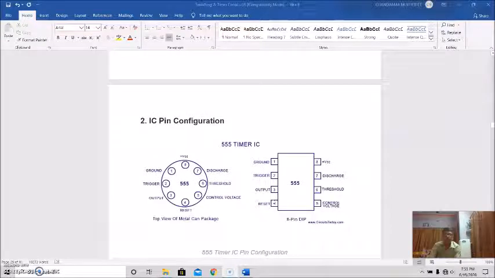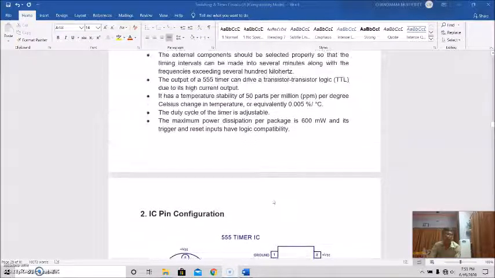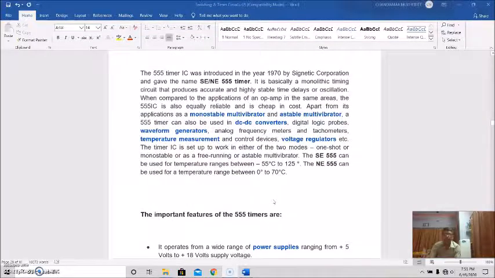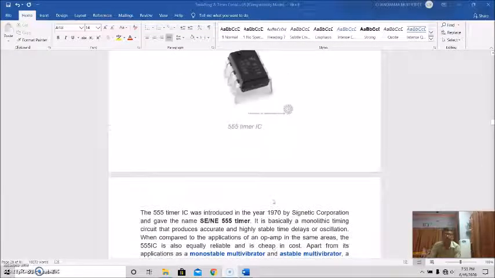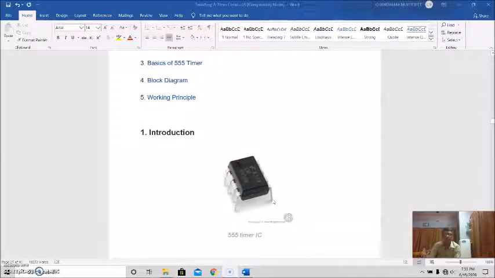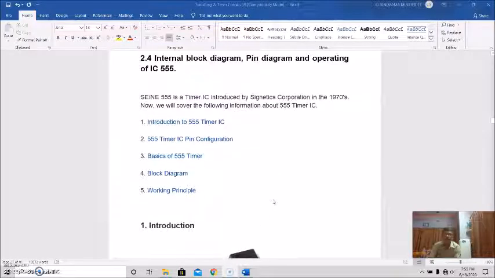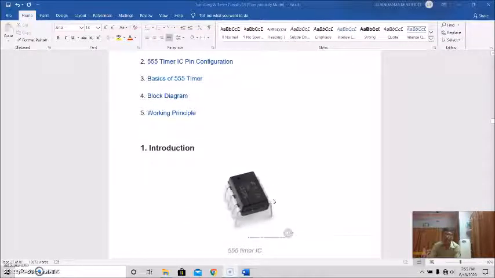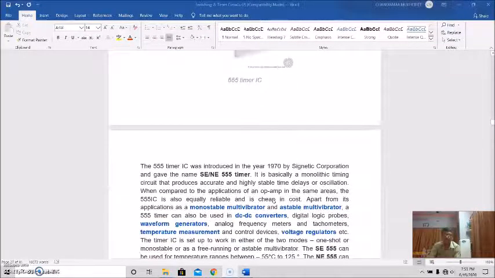Okay, so today we have discussed this 555 timer, its introduction, its different features.